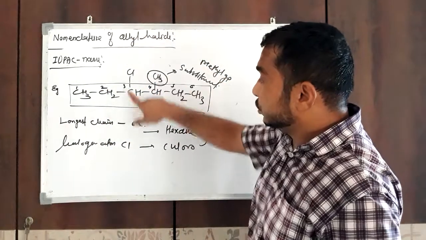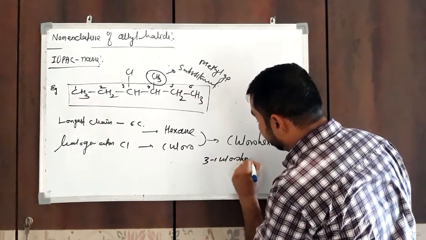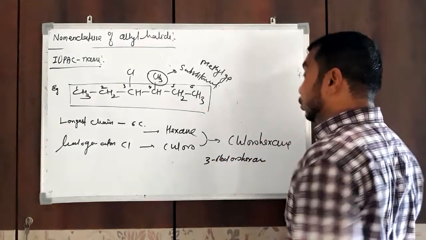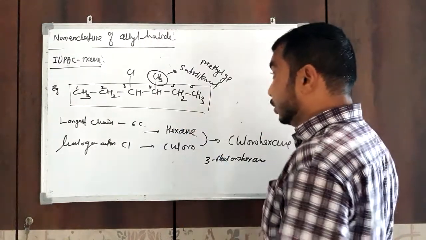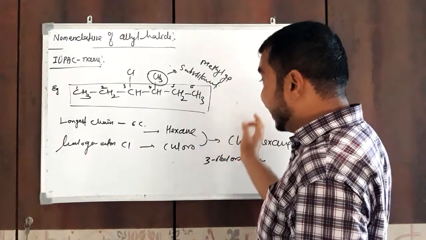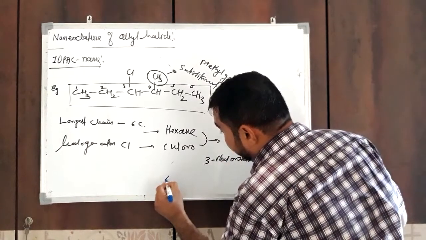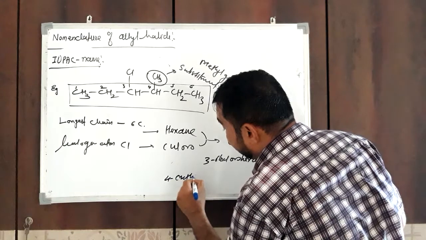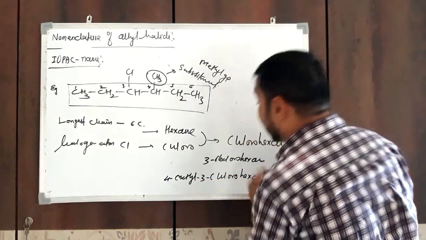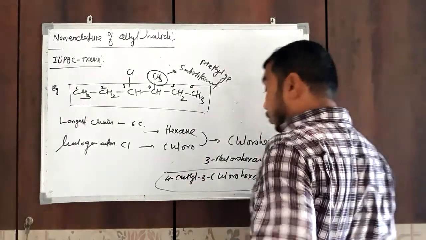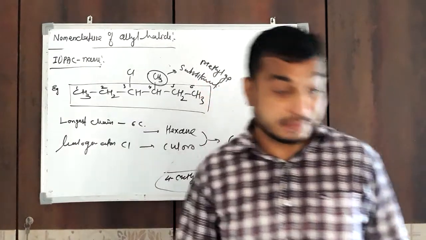The chlorine atom is attached to carbon number 3, therefore 3-chlorohexane. And this methyl group is attached to carbon number 4. The name of the substituent is added before the name of the haloalkane. So 4-methyl-3-chlorohexane is the IUPAC name of this compound.